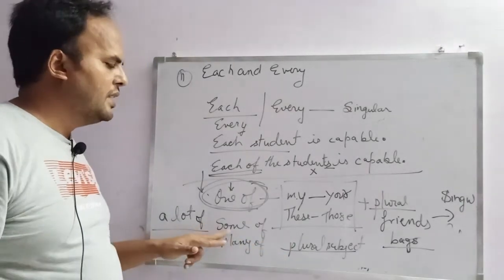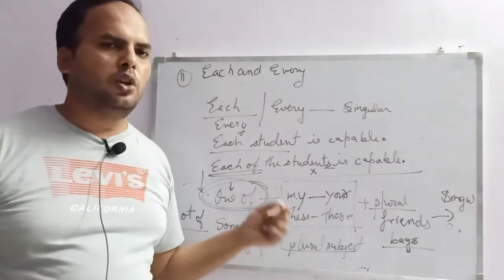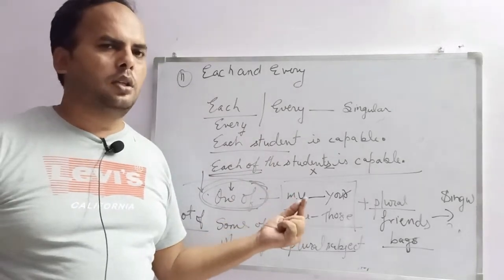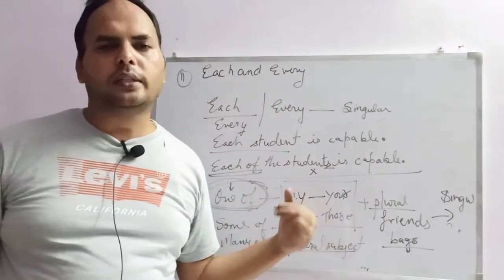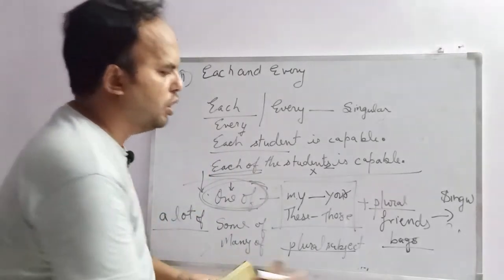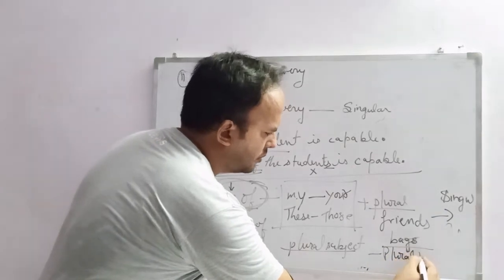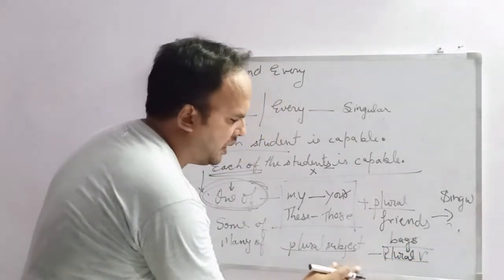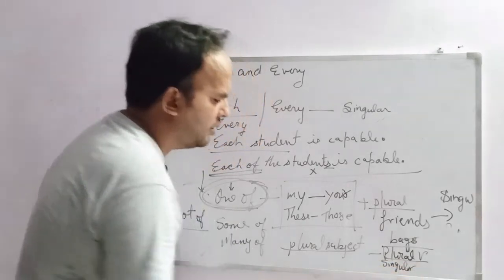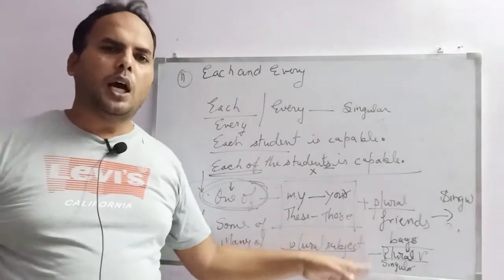If you are using some of, you have to write according to whether it is a countable noun or an uncountable noun. If it is a countable noun, you are going to use a plural verb. If it is an uncountable noun, you are going to use a singular verb. Like, some of my friends are going.